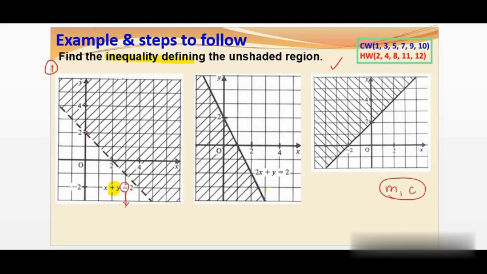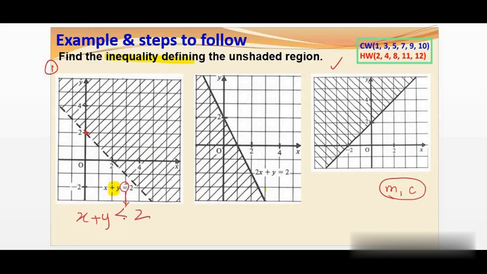Now look at the y values from here. All the y values that are below 2, this is the ground that is unshaded, and all the cloud is shaded, right? So we can say x plus y is less than 2.